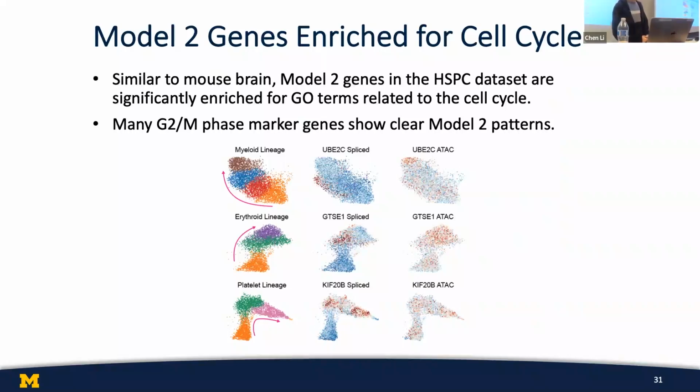We see that the ataxic seems to always go up to the end, but the spliced count is only expressed in intermediate cell types. This is a model 2 pattern.